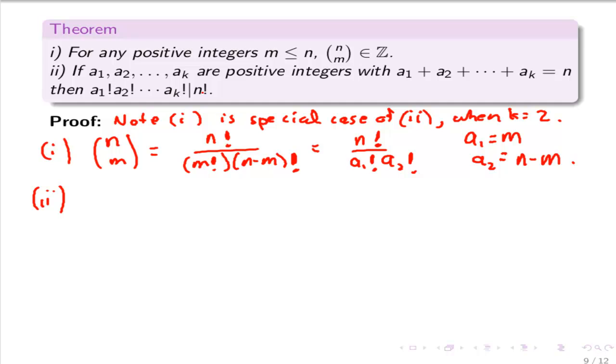If I want to show one integer is a divisor of another integer, I think of the prime factorizations of these two numbers and look at each of the prime powers. So if I can show that the prime multiplicity of p in the left side is less than or equal to its multiplicity in the right side, that will show that the left-hand number is a divisor of the right-hand number. So let's fix p to be any prime.